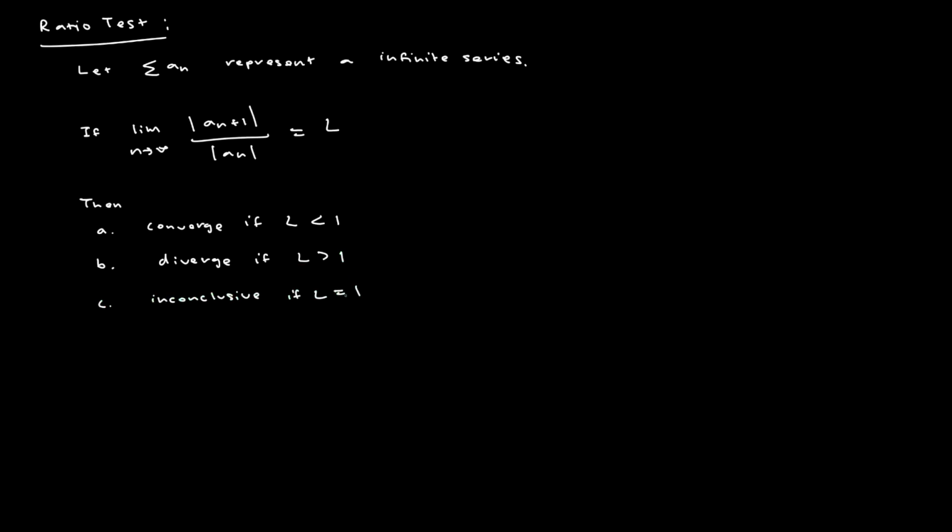Or if L is not defined, and you can kind of think about that as diverge. Well, if L goes towards infinity, for example, then you can't say it's divergent because there's a possibility that the series is conditionally convergent, and we'll get into that later.